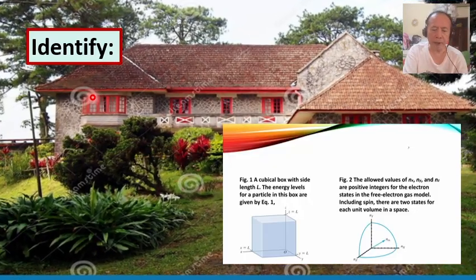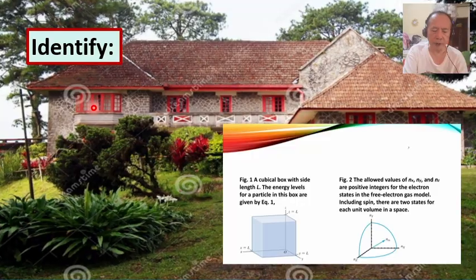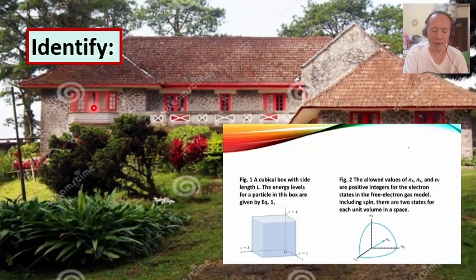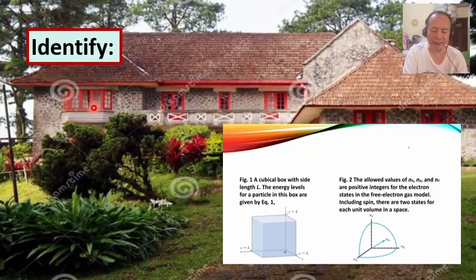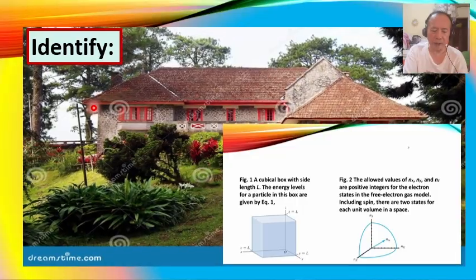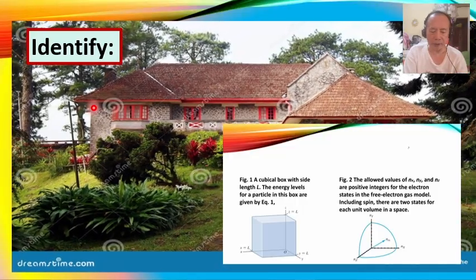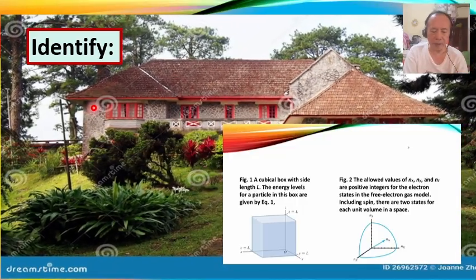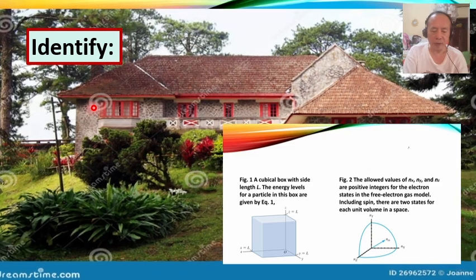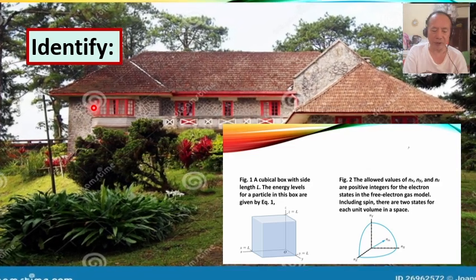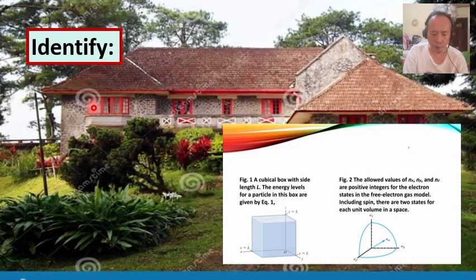In our free electron model of conductors or metals, the electrons are treated as completely free particles within the conductor. And we describe a box with side length capital L illustrated in figure 1.